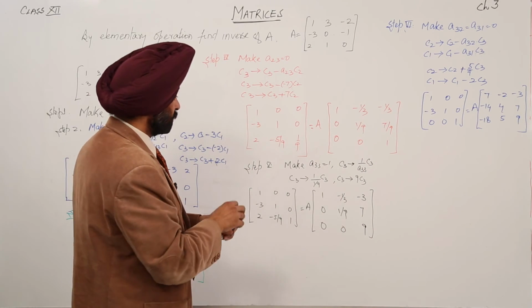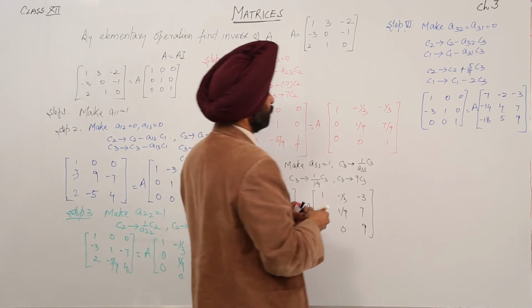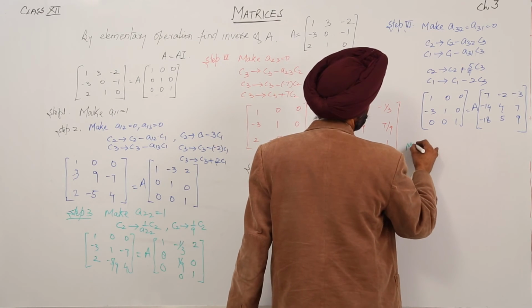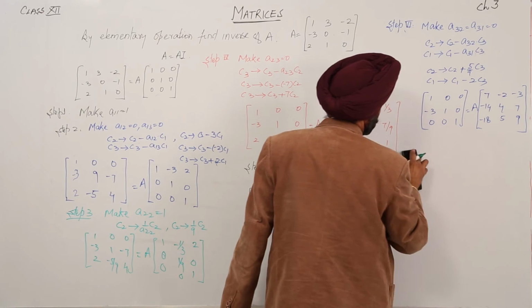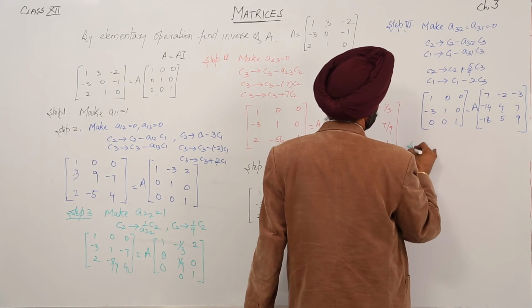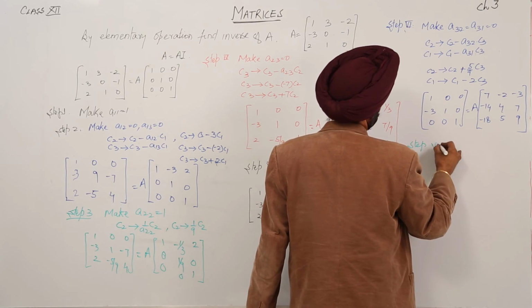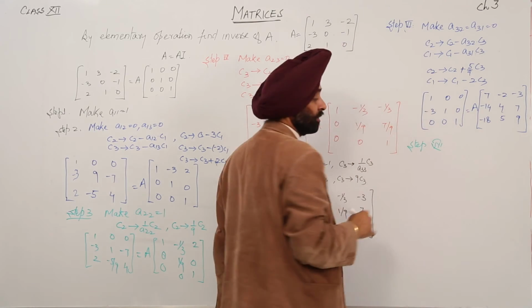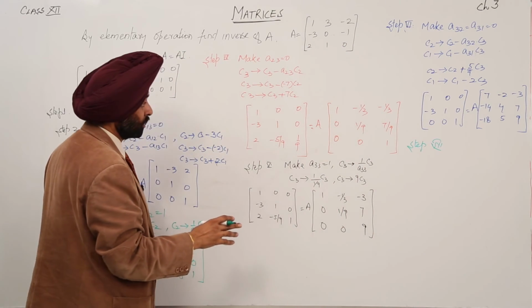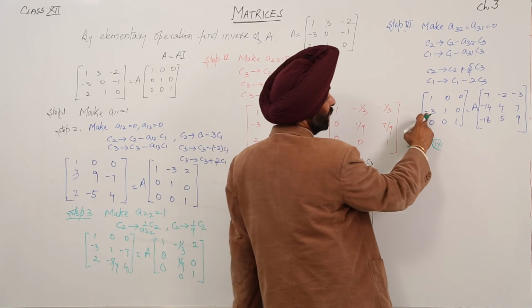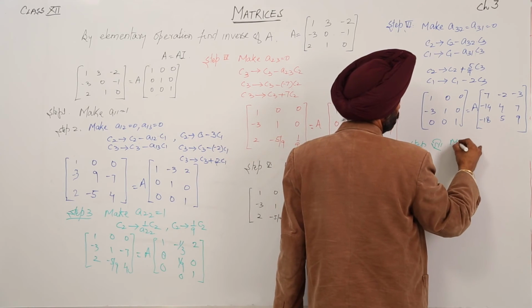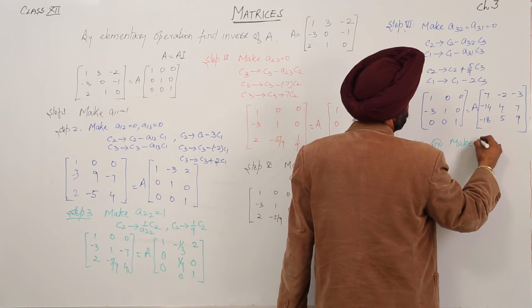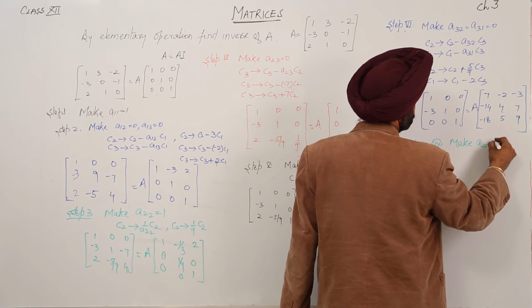Okay, so now for step 7. Step 6 we have done. Now step 7 means what? Only what thing is left? Only minus 3 is left. Make A21 equal to 0.